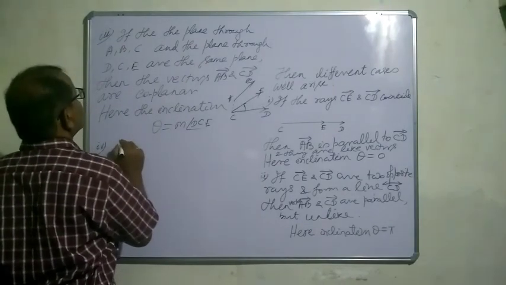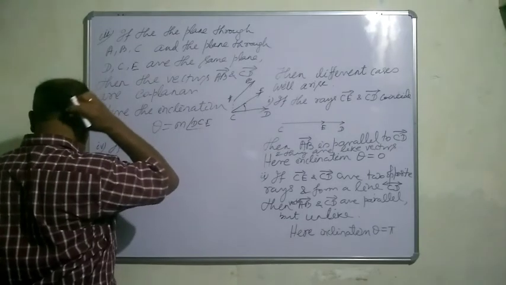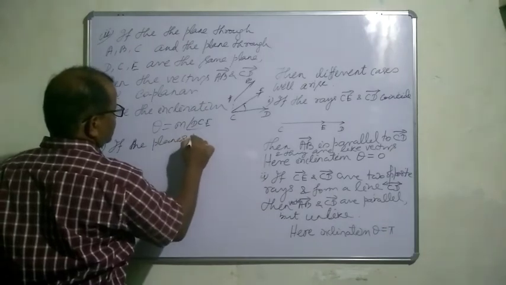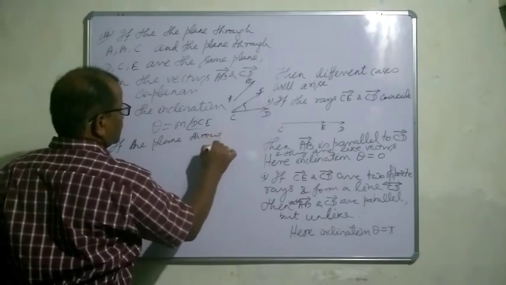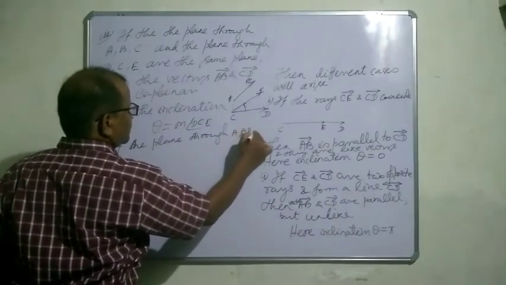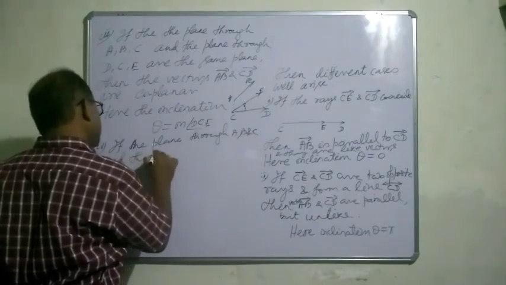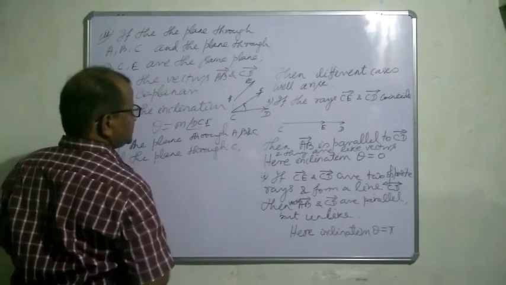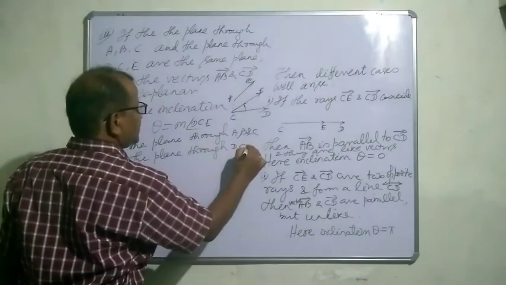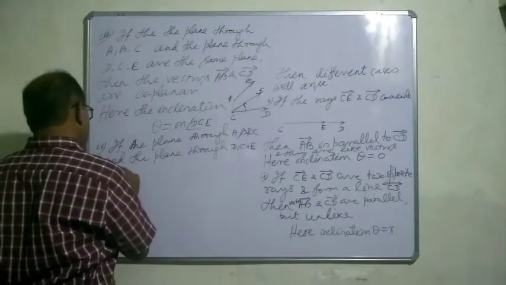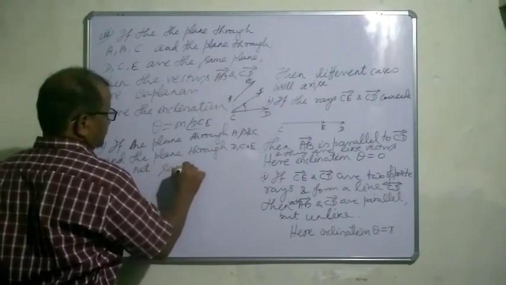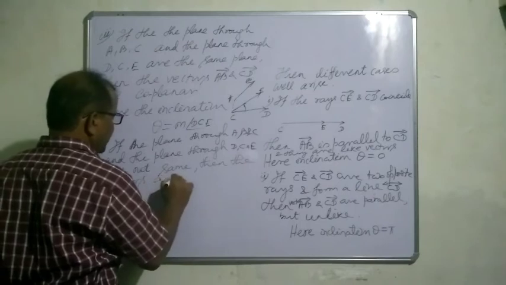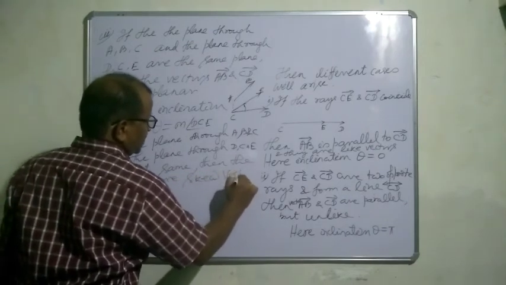Number 4, if the plane through ABC and the plane through DCE are not the same, then the two vectors are skew vectors.